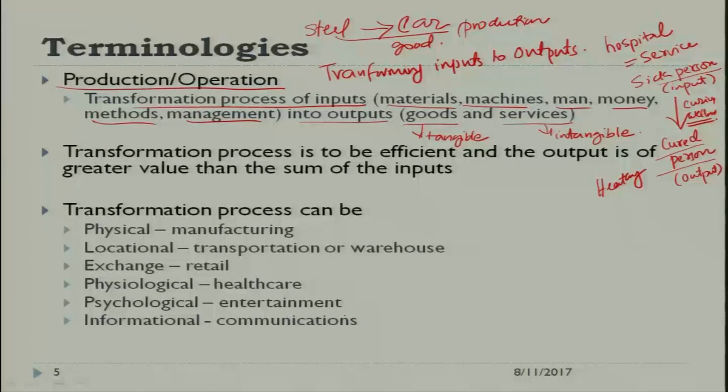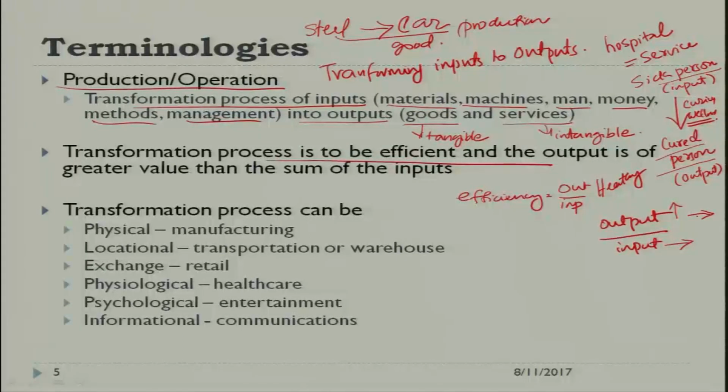One important thing is that almost all businesses in the world want the transformation process to be efficient. Efficiency we typically define as output over input. If you keep the input the same, the way to increase the efficiency would be to increase the output, or if you want to keep the output the same, then one way to increase efficiency is to decrease the input.